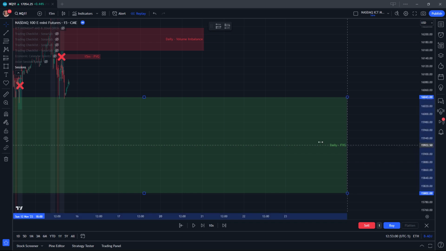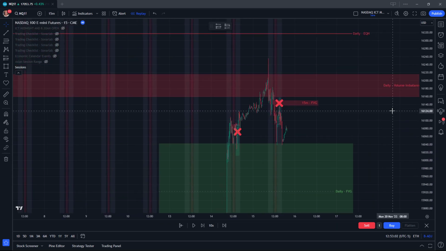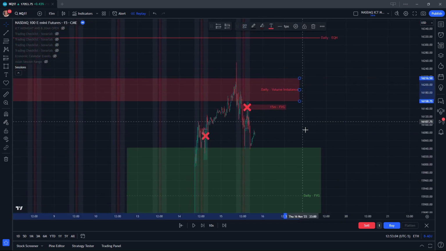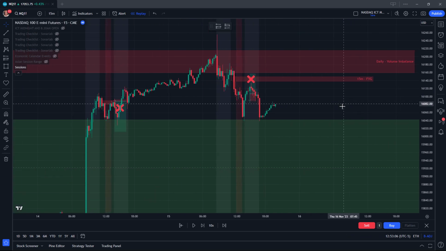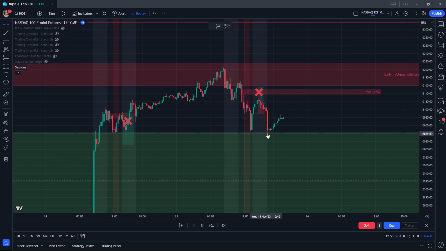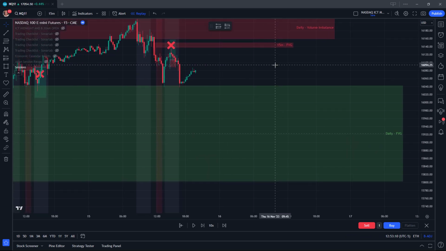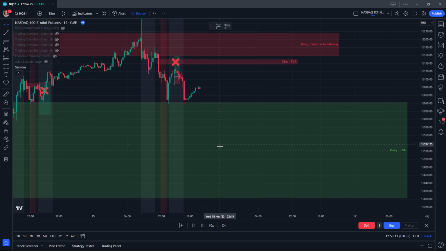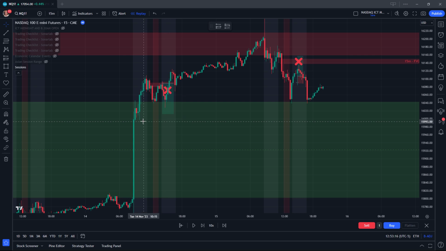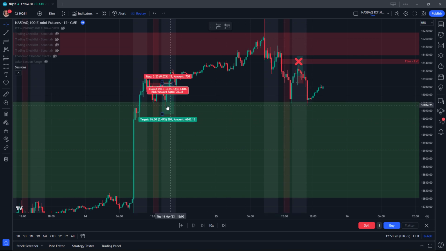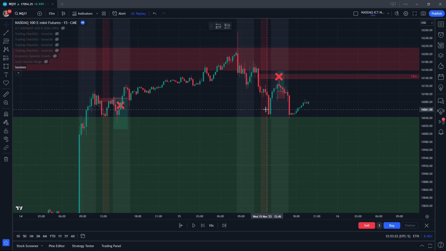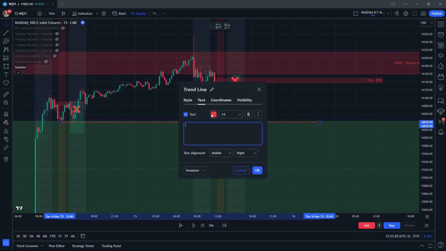Let's bring this in a bit so we don't have to keep zooming out. The question we have to ask now is, how far into this daily fair value gap is it going to go? Yeah, it looks like price is bouncing off here, and that draws my attention to equal lows, which looks like liquidity.